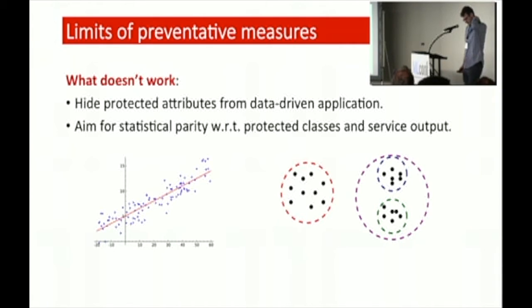Another problem: there's been a bit of work in this area, as was mentioned by a previous question on this FAT-ML conference, so there's been quite a bit of work from people from the data mining and machine learning communities on these topics. Some of the preliminary work tries to look at a user base or data set as a whole and then say, let's try to make sure that our algorithm doesn't do weird things based on, let's say, gender, so it treats men and women the same way.